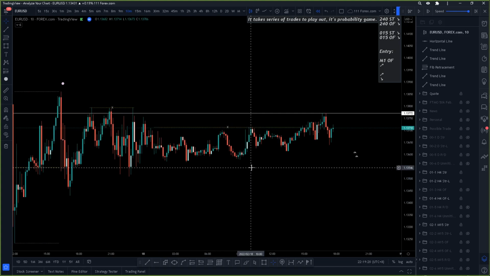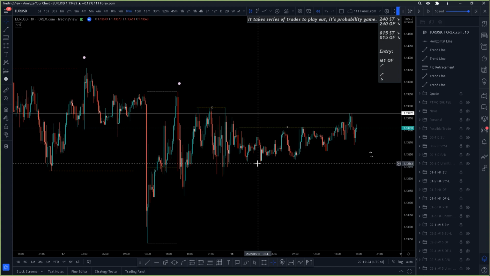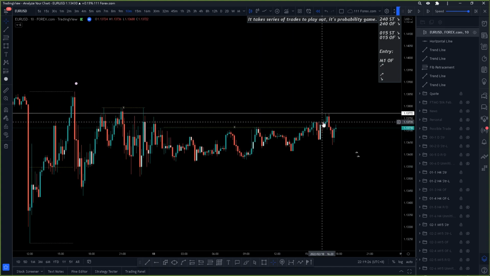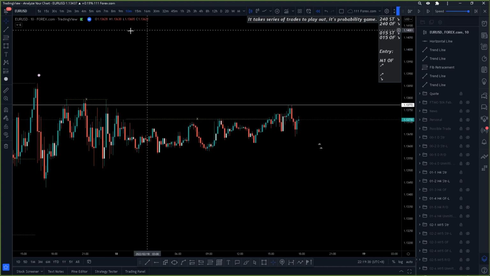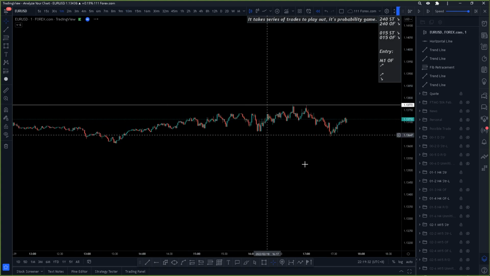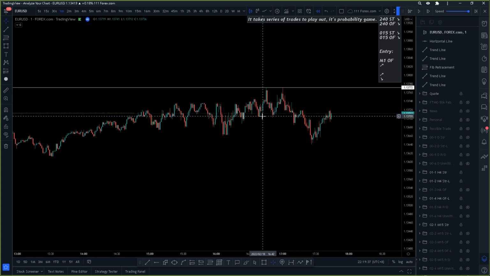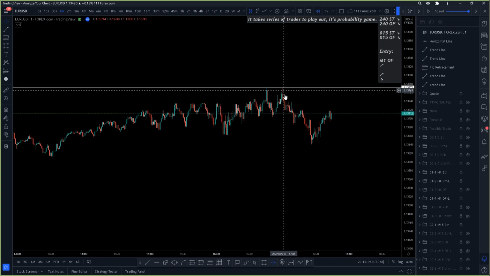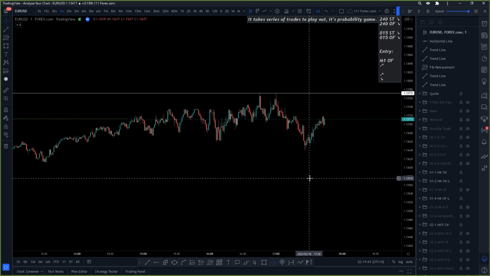Yep, it hasn't done anything, so entering here was kinda risky, although the entry schematic is there, like change of character, the extreme, it all looks well.